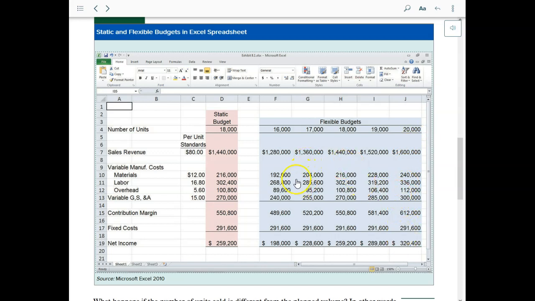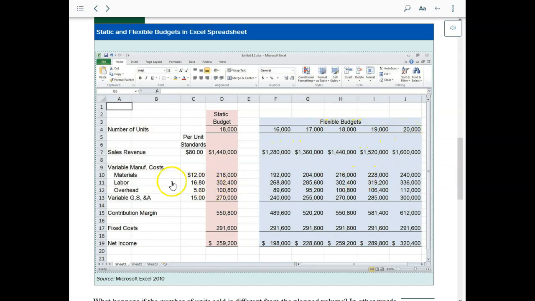Now the thing to watch out for is, look, the selling price per unit is 80. Now as we should expect to sell more and more units, of course the selling price budget or the sales budget will actually go up. Okay? So sales revenue is expected to increase as units we sell increase. It just makes sense.